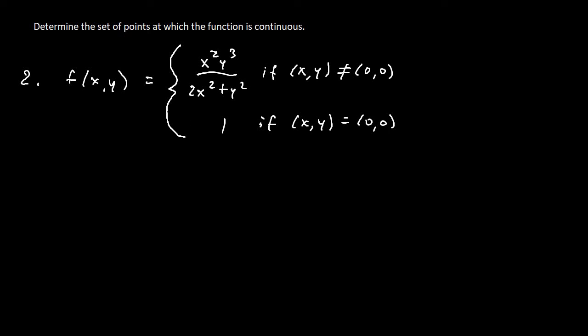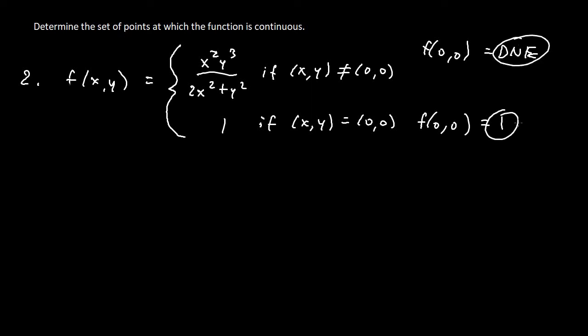So we know that when we plug in 0, 0 into the top equation, it does not exist, or is undefined. And then when we plug in 0, 0 to the bottom equation, we'll get 1. So obviously these two are not equal to each other, so we know there is a discontinuity, and this is one of the restrictions, exactly at x comma y equals 0, 0.